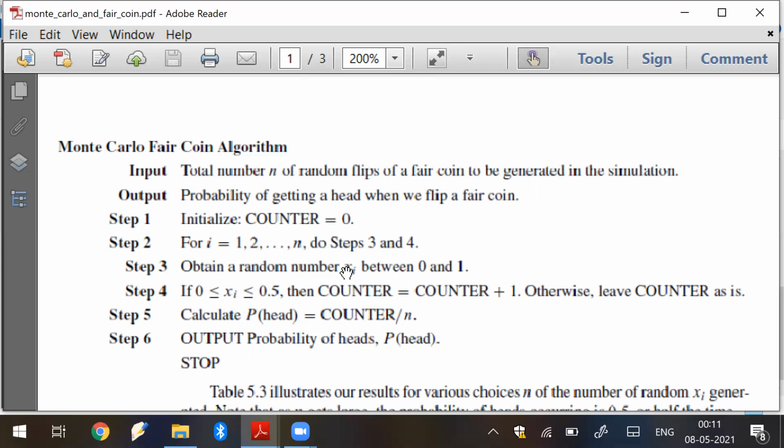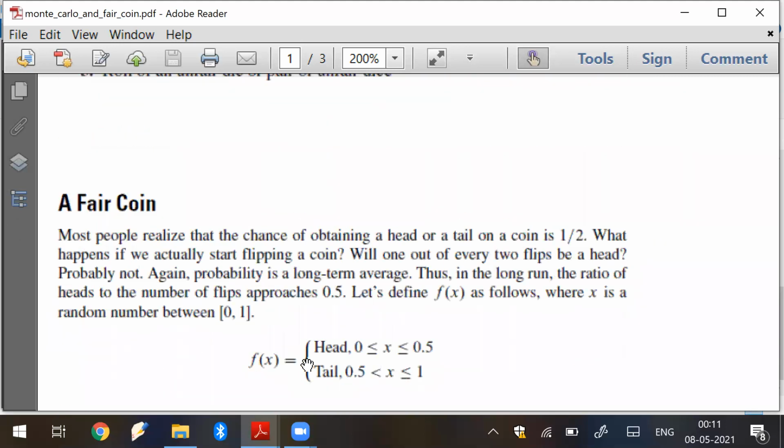So random number generation is involved. Once you generate a random number xi, you see whether it falls within 0 to 0.5 or not. If it falls within 0 to 0.5, then via the function fx, head should occur, or we say head has occurred.